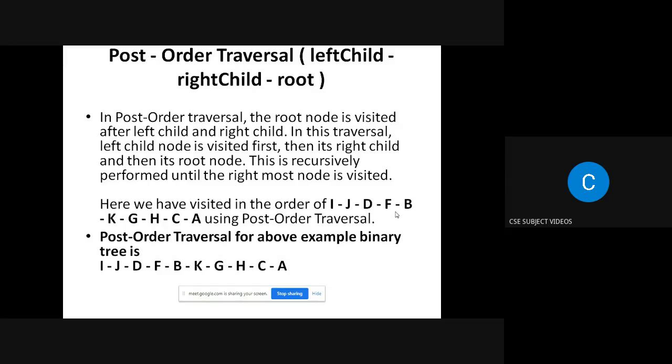This is recursively performed until rightmost node is visited. Here we visit in the order of I, J, D, F, B, K, G, H, C, A using post-order traversal.